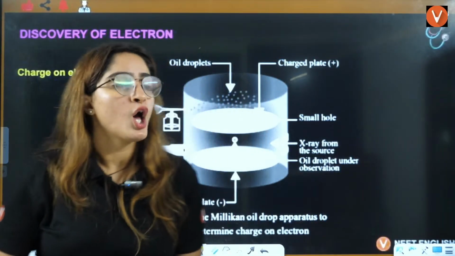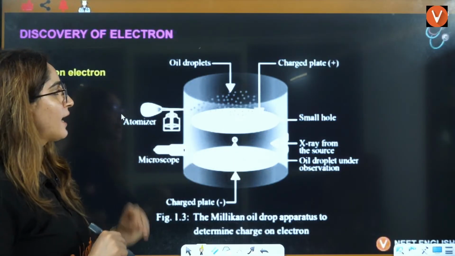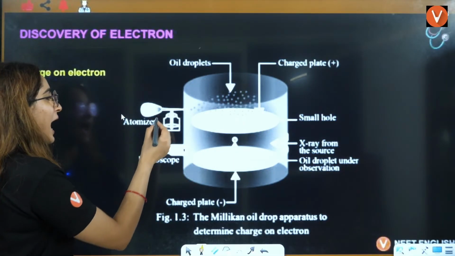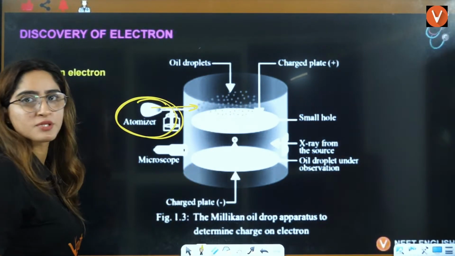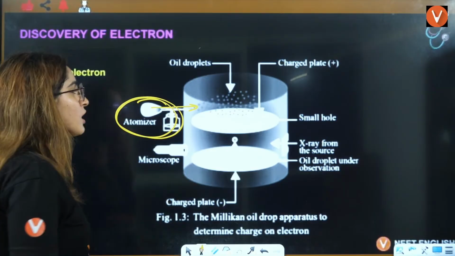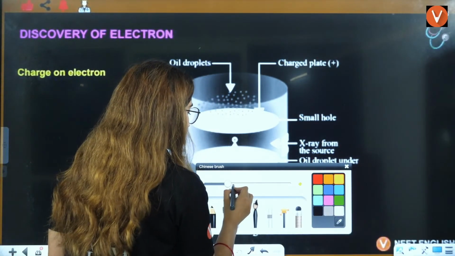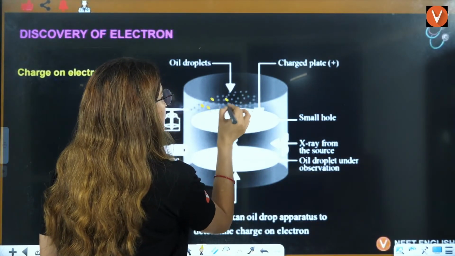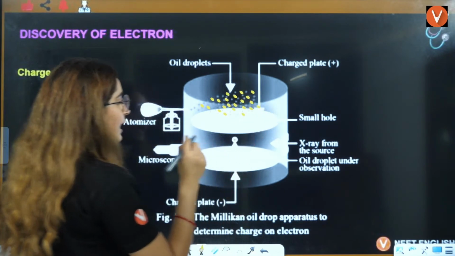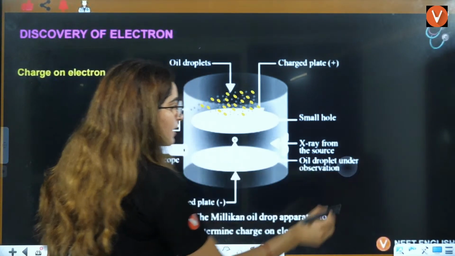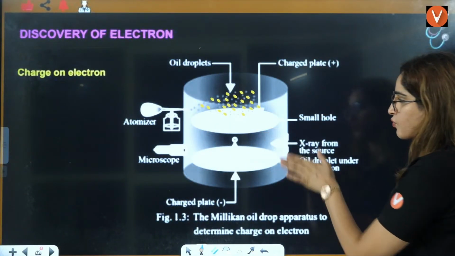So now let us see this. We need oil drops and we need X-rays. From this atomizer, we are giving the oil drops in spray form. These are the oil drops that you will have. Inside it, we need X-rays, so this is the source of X-rays from where X-rays move here.